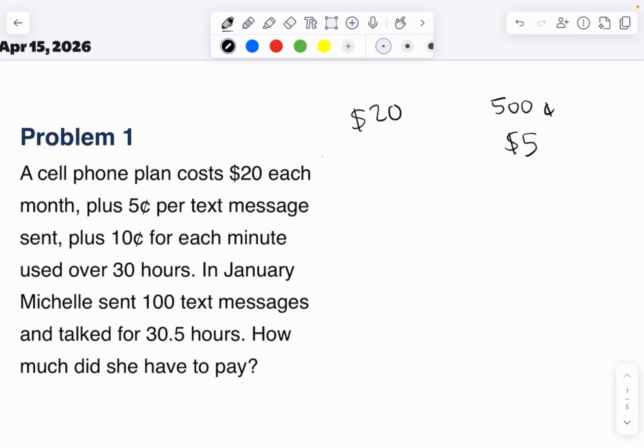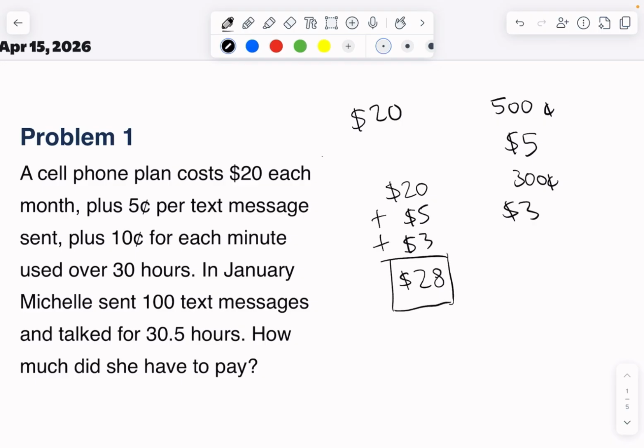So that's 300 cents because it costs 10 cents per minute, and that's $3. Now we have the $20 base plus $5 plus $3, which gives a grand total of $28, which is our answer.